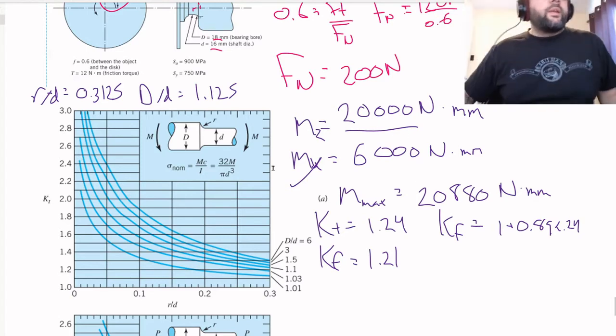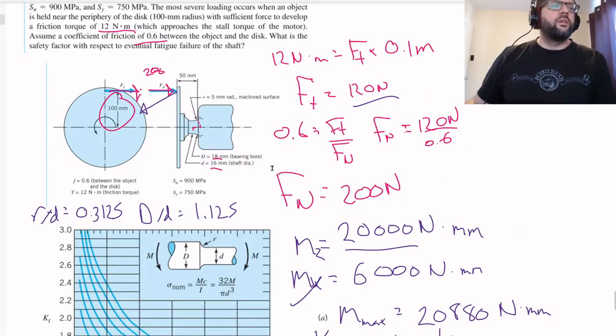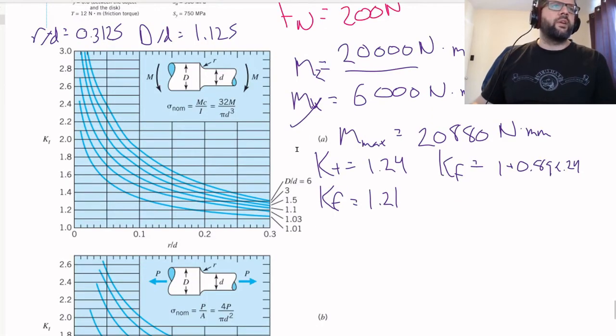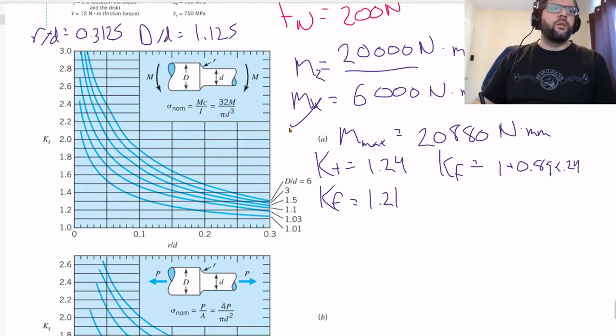And while we're at it, let's go ahead and figure out what our bending stress there is. So we've got our sigma b, that's going to be equal to that times this.